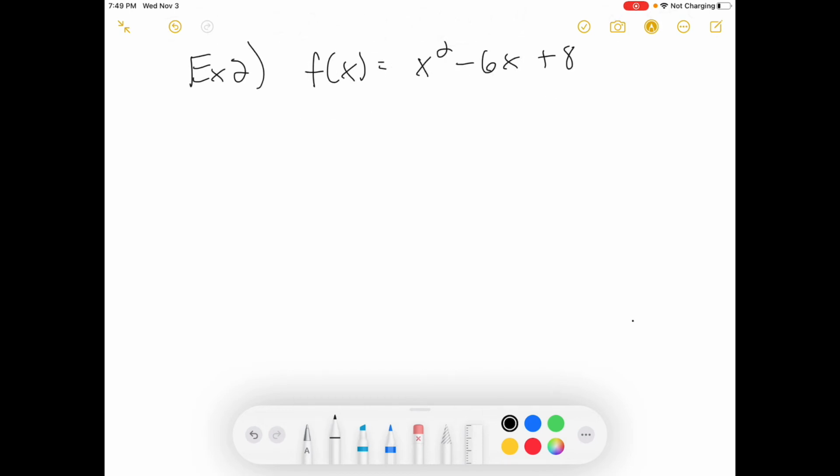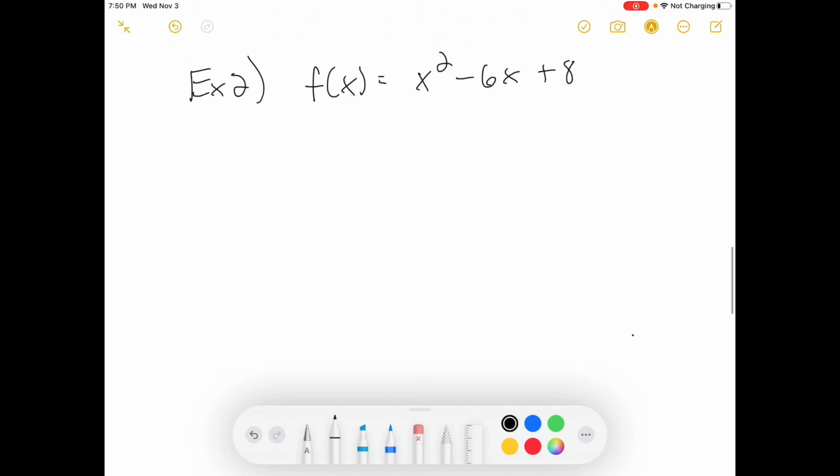All right, example 2. You have the function x squared minus 6x plus 8. So we want to find the zeros. Our output needs to be 0. All right, let's factor. And x times x will give me the x squared.